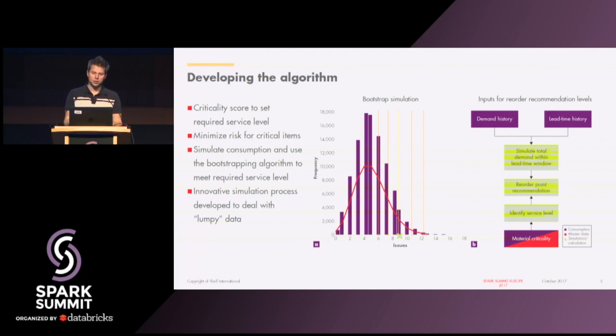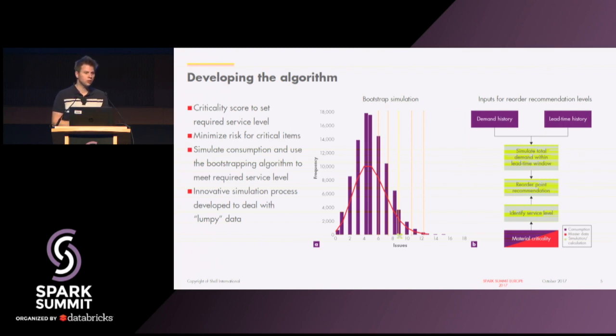So the way we approached this is we approached it in really 3 ways. We looked at the material criticality, and we developed a heuristic model which calculated the criticality of any given material on the basis of a number of feed-ins and different data sources that we had within Shell. We then also looked at the lead time history. We developed a Markov chain-based algorithm to simulate the lead times and to identify the right lead time to use as a feed-in to the model.